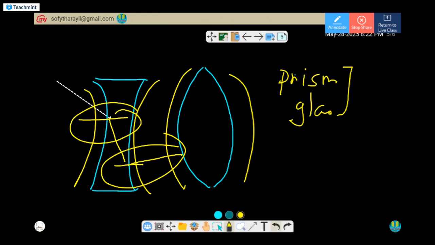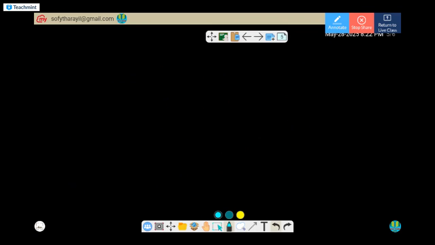There you have to properly show the ray entering, then draw the normal, see whether it is bending away or towards the normal, show the bending, then again draw the normal and show it going away. So these kinds of diagrams will be restricted to the prism and glass slab. Apart from that, they will not ask you to draw all these details when you're taking concave or convex lens.